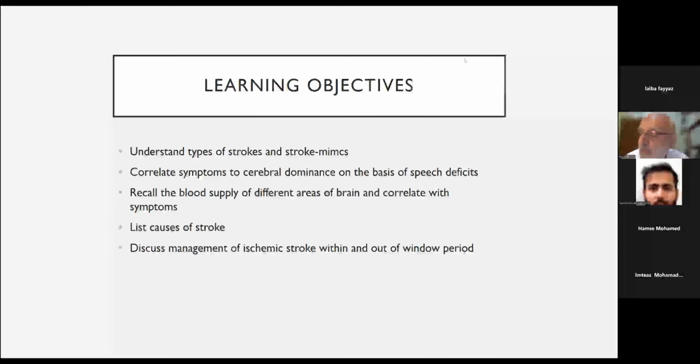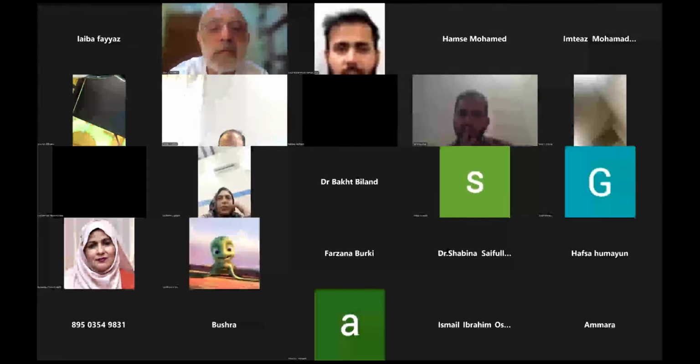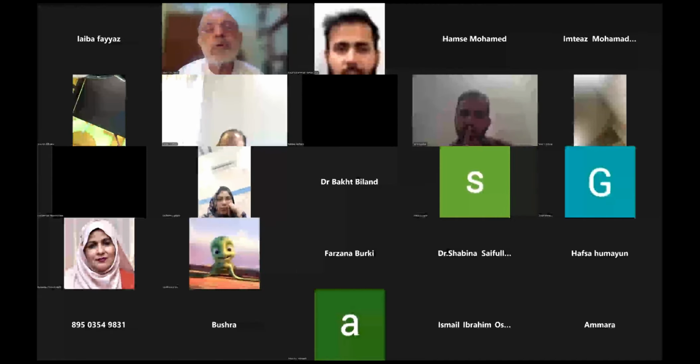And the real teaching would be when you discuss with them part by part. These are the questions we would ask and why we want to ask those questions, and what are the physical findings we should be looking for. For example, you said the lower limb involvement would indicate which part of the brain is involved, speech involvement, which part of the brain is involved. So you are really integrating very nicely the basic sciences, let's say anatomy, with the clinical picture.